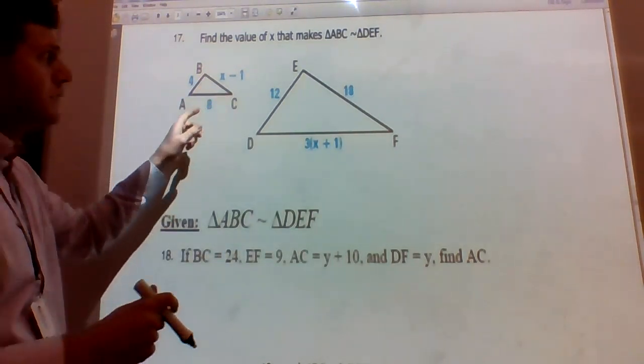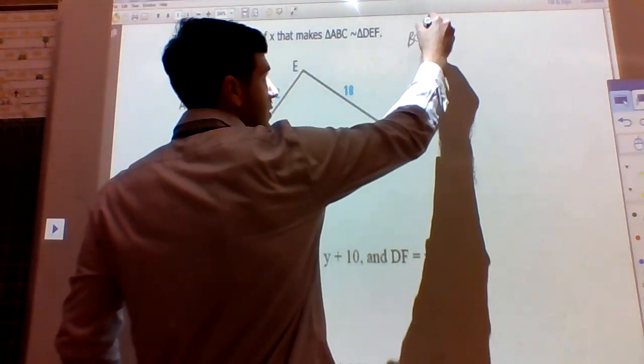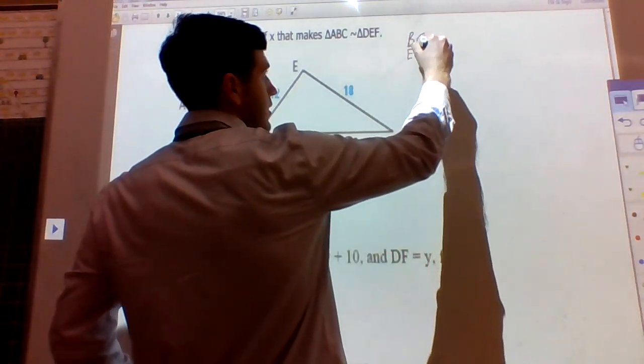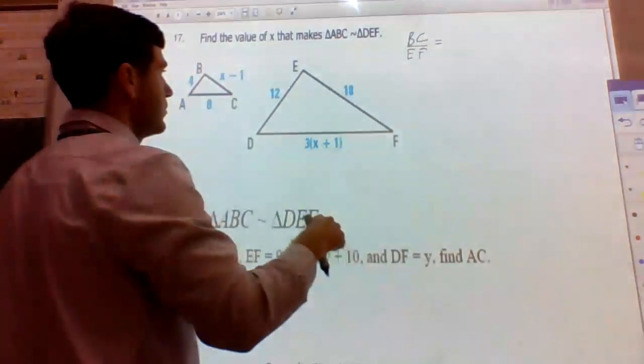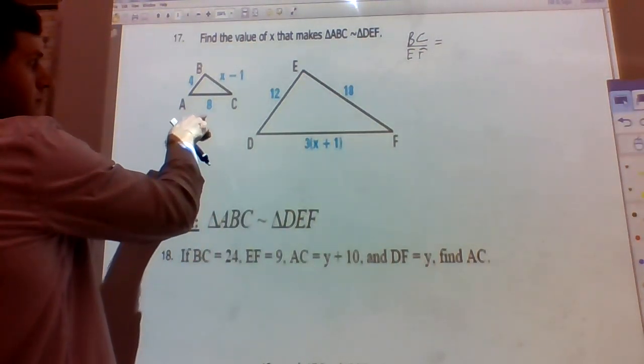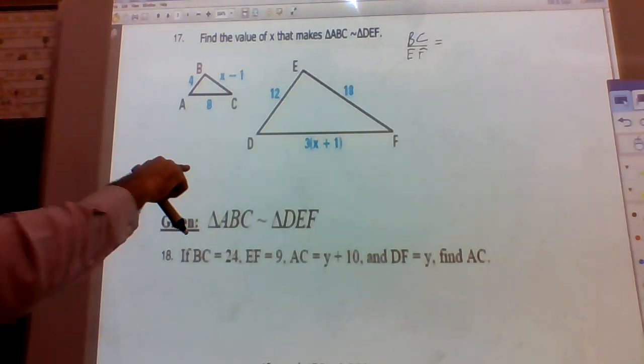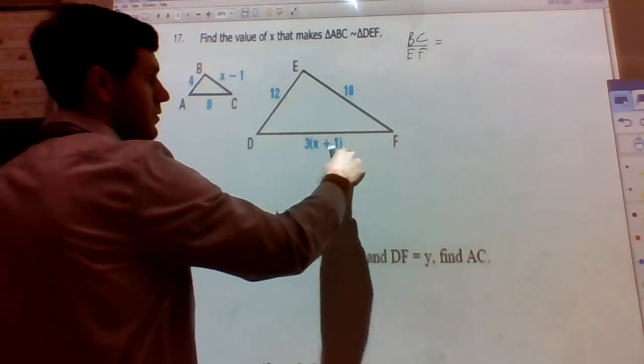We know BC corresponds with EF. And we know AC corresponds with DF.